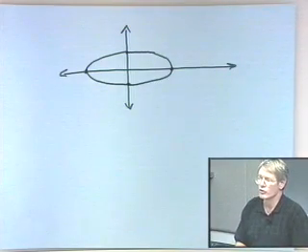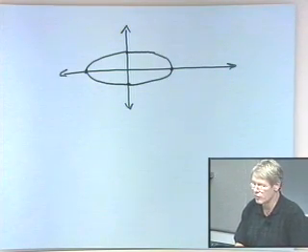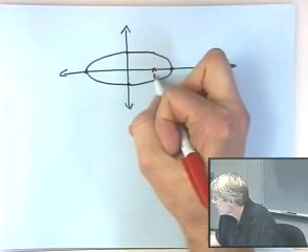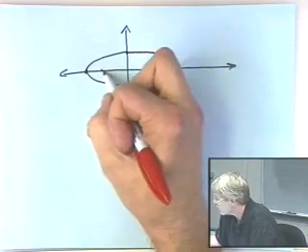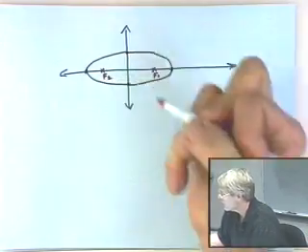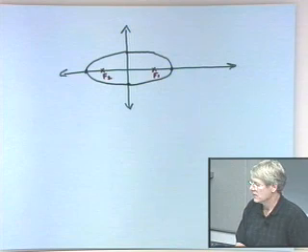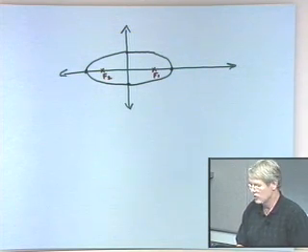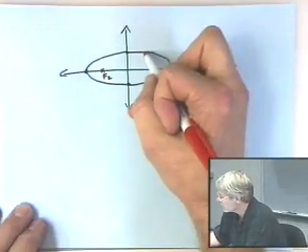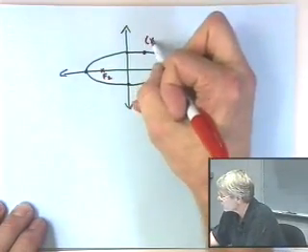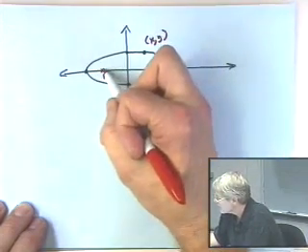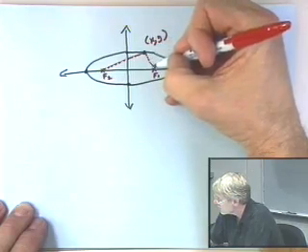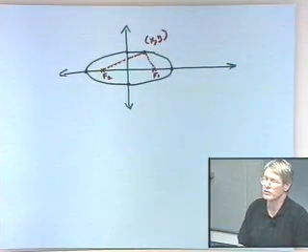Now there's more to it, obviously. Back to the definition. There are 2 points here, somewhere in here, and somewhere over here. The 2 foci that actually generated this picture. So in order for a point to be on the ellipse, let me call this the point xy, that distance plus that distance has got to be fixed.